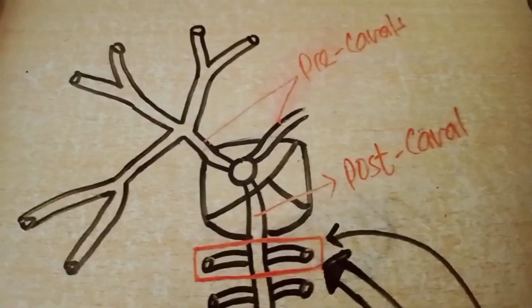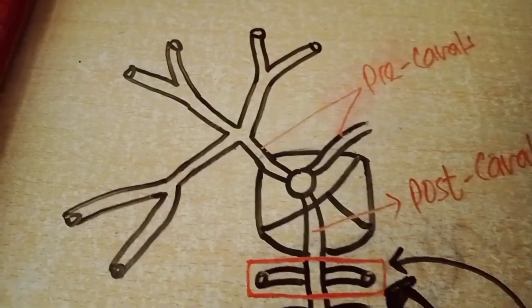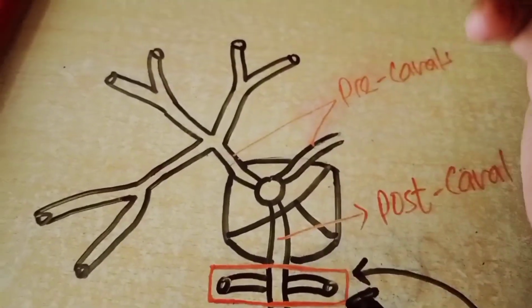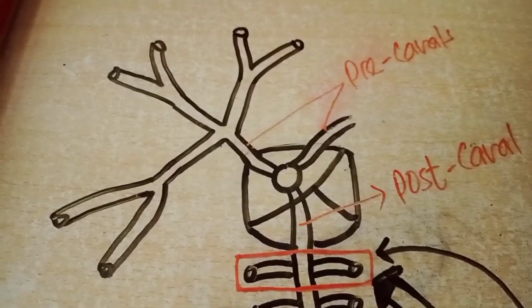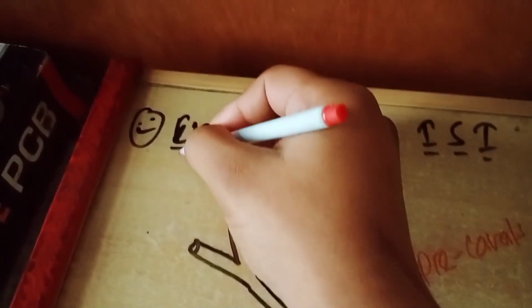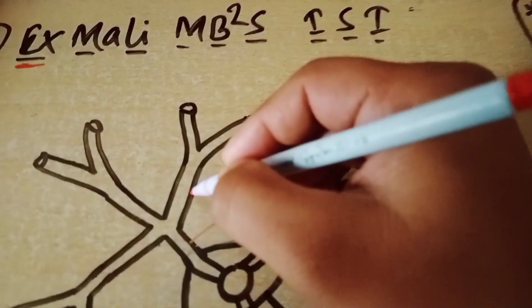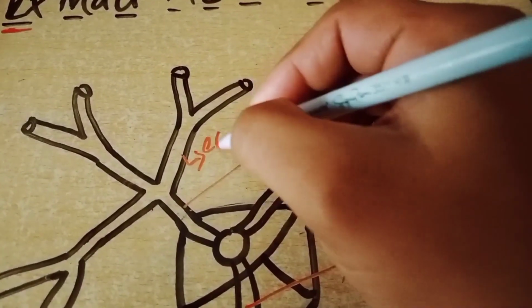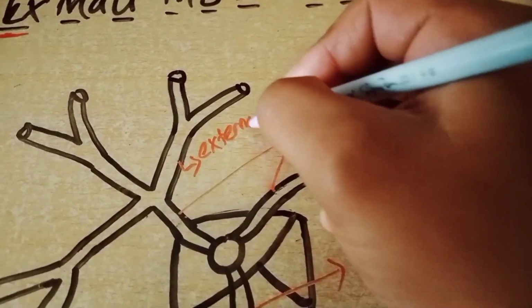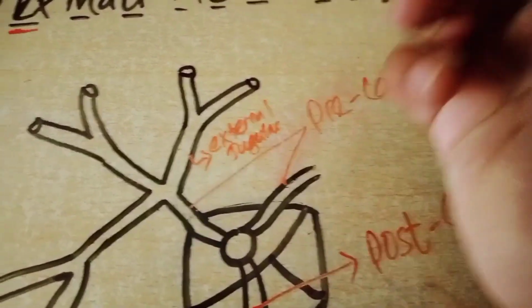Precaval has three branches. One is external jugular, that is X. This is external jugular.